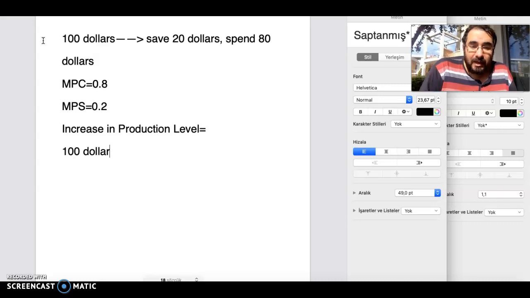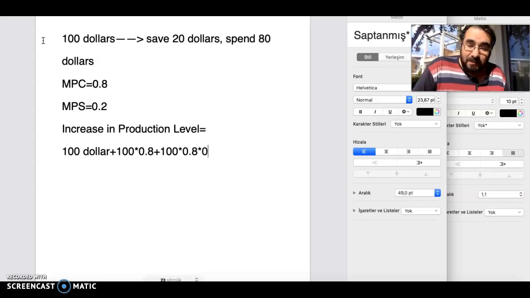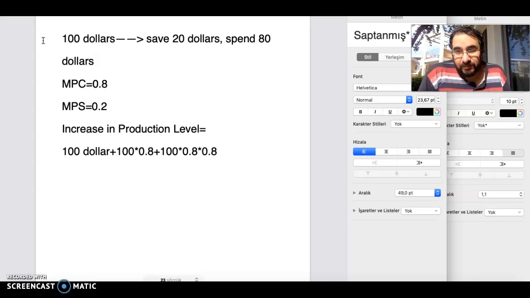But then the person who takes this money spends 0.8 of it, which is $80. That $80 will be taken by someone else. That someone else, on average, if the MPC is 0.8, will take 100 times 0.8 dollars, which is $80, and then spend 0.8 of it.